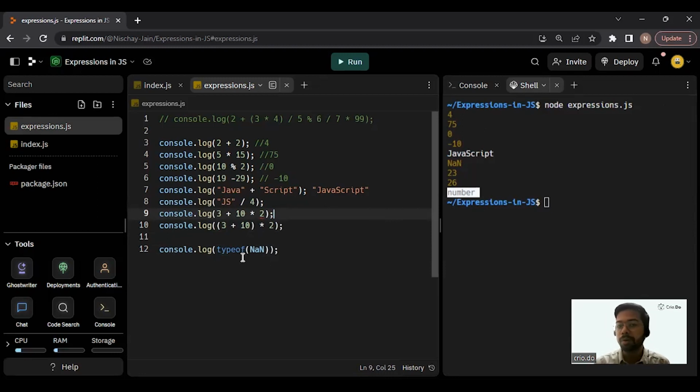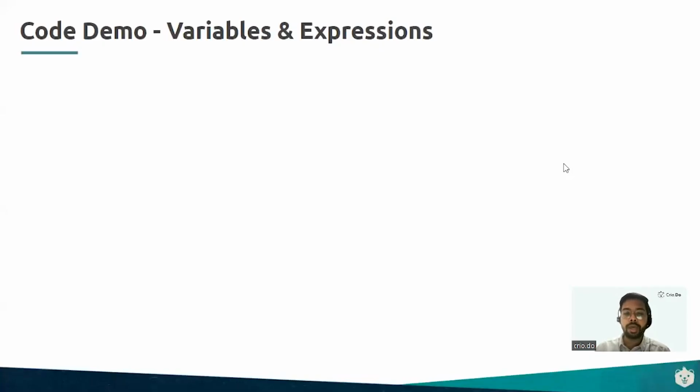So please remember, you don't have to be confused between the definition and the data type, right? NaN as a value is simply standing for not a number, but its data type is clearly a number itself.